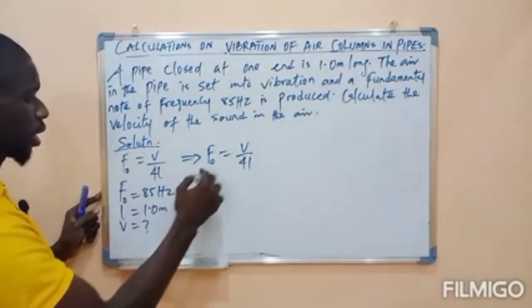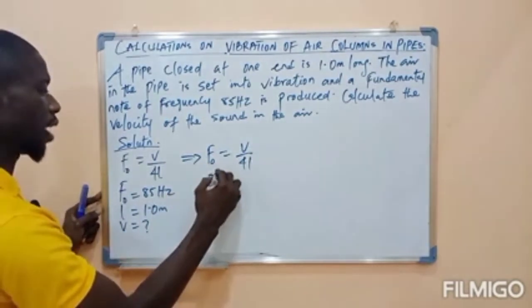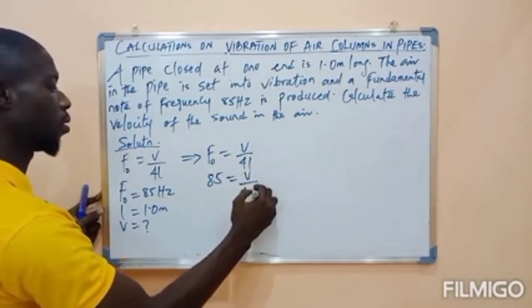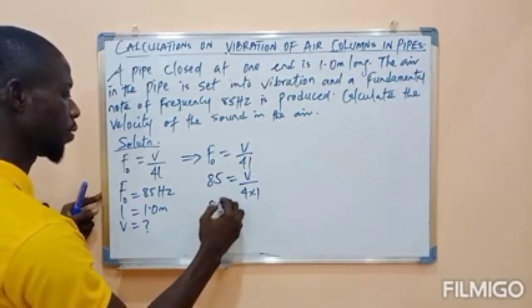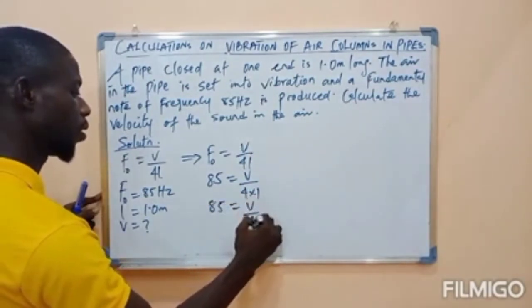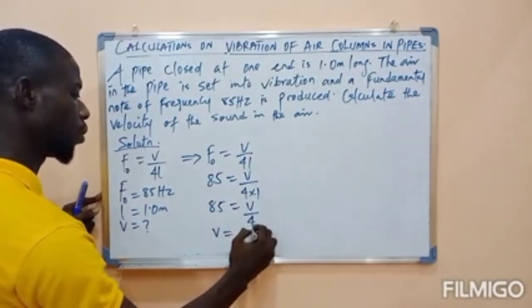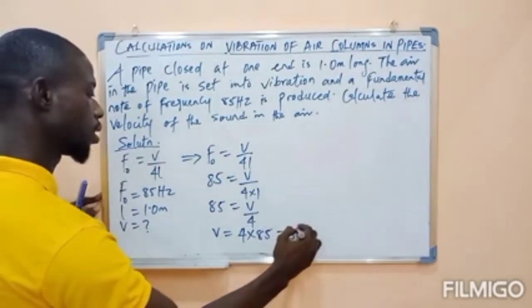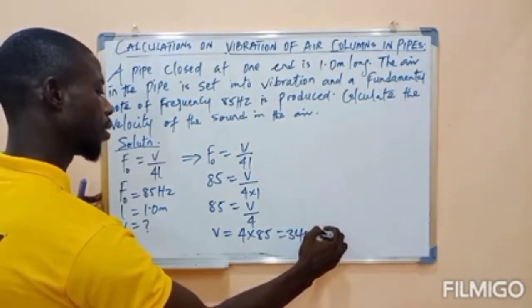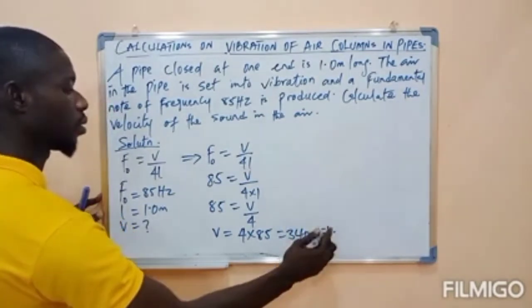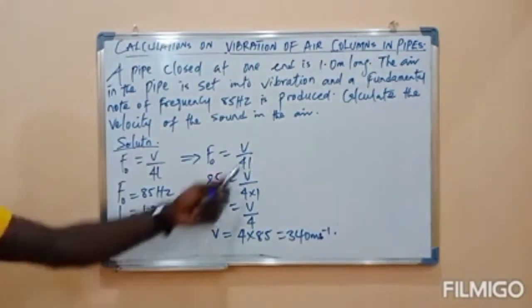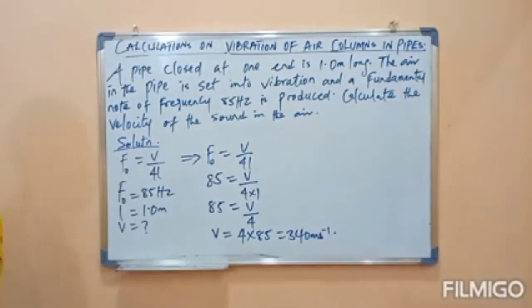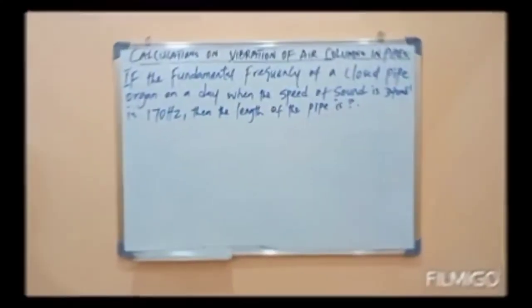Putting the values, 85 is equal to V over 4 multiplied by 1. So 85 is equal to V over 4, V is equal to 4 multiplied by 85, which gives us 340 meters per second. So you can see, you can make L the subject of the formula, you can make V the subject, and you can make F0 the subject, as the case may be.